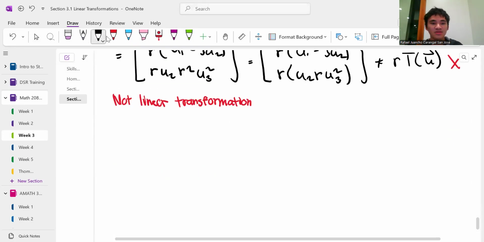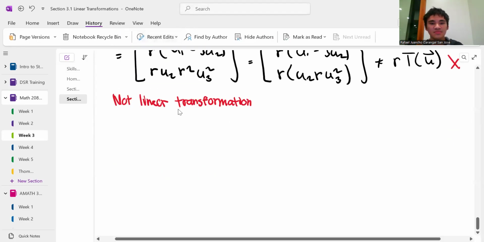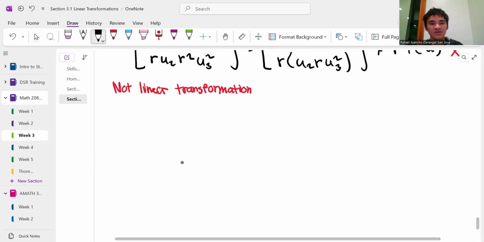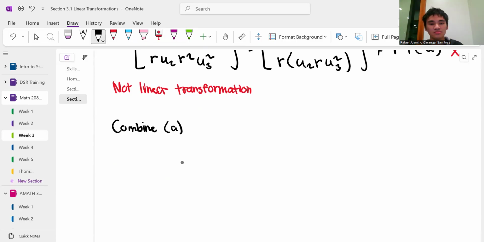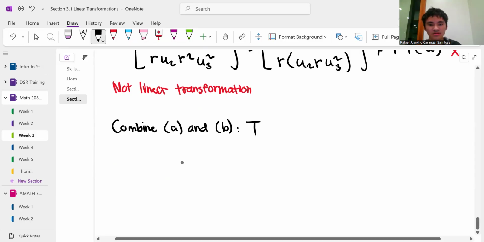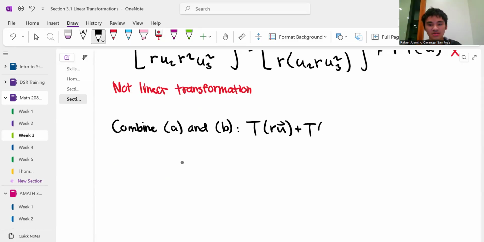Okay. Also, here's a new one. We can combine the two definitions. So that would be T of RU plus SV is equal to R T of U plus S T of V. It's a fun way we can do it.